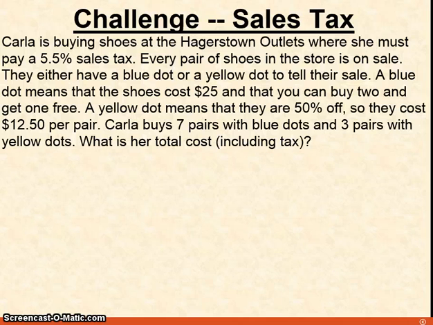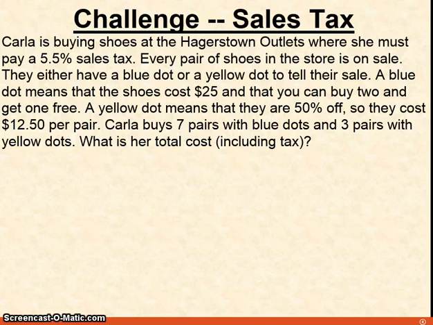They either have a blue dot or a yellow dot to tell their sale. A blue dot means that the shoes cost $25 and that you can buy two and get one free. So I'd pay $25 for the first one, $25 for the second one, but nothing for the third one because it's free if it has a blue dot.